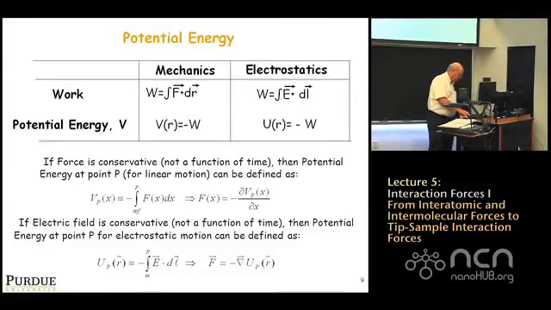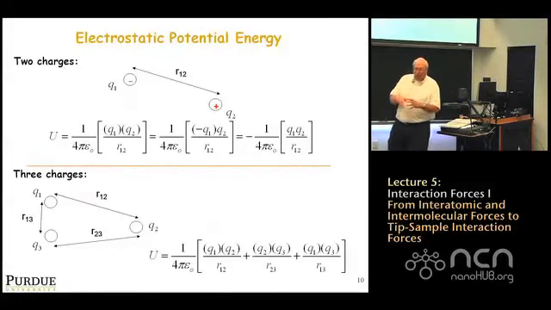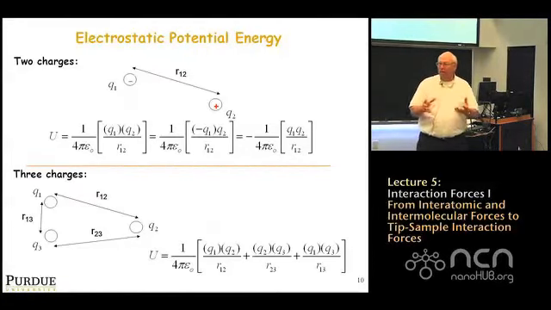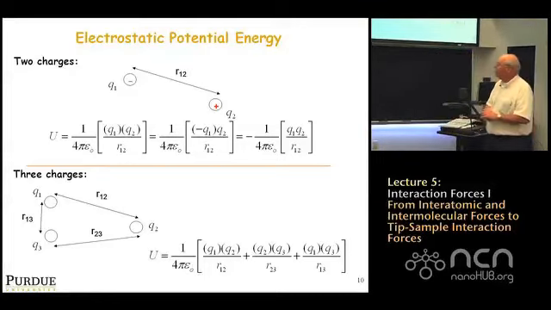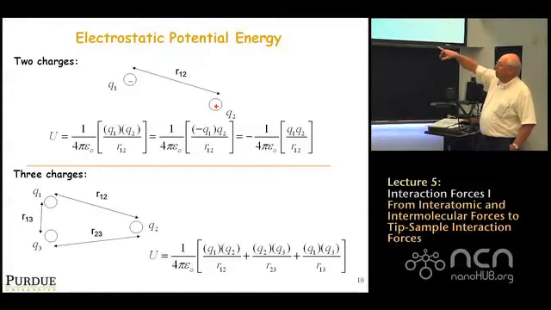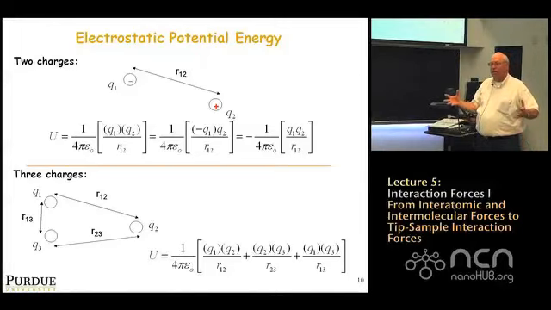important factor. Let's talk a little bit about the form of these electrostatic potential energies, just to remind you what we're talking about. They're really easy to calculate if you have point charges. So for instance, if I have a charge minus Q1 and a charge plus Q2, separated by a distance R1,2, then the electrostatic potential energy for those two charges is defined to be 1 over 4 pi epsilon naught times Q1 times Q2 divided by their separation distance.